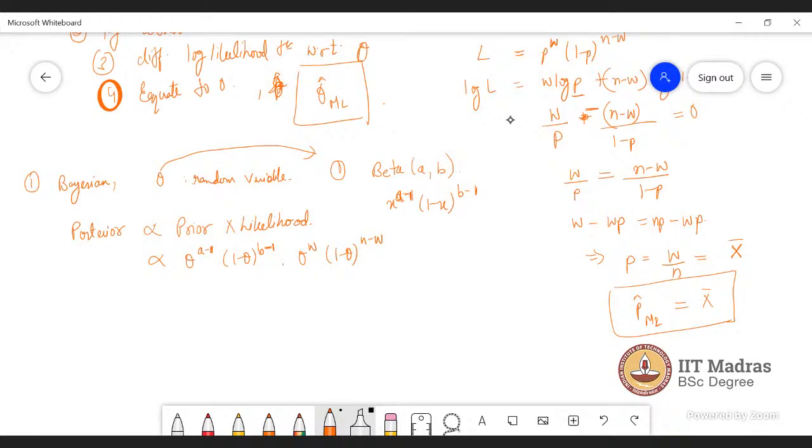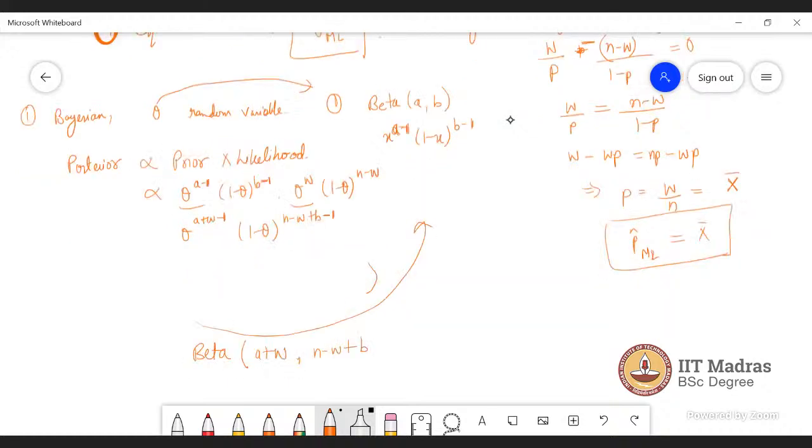So I can write these two together as theta to the power a plus w minus 1 and 1 minus theta to the power n minus w plus b minus 1. So if you look at it carefully, it again looks like the beta distribution, right? So how do you write this? It is again beta distribution with the parameters a plus w and n minus w plus b, right?